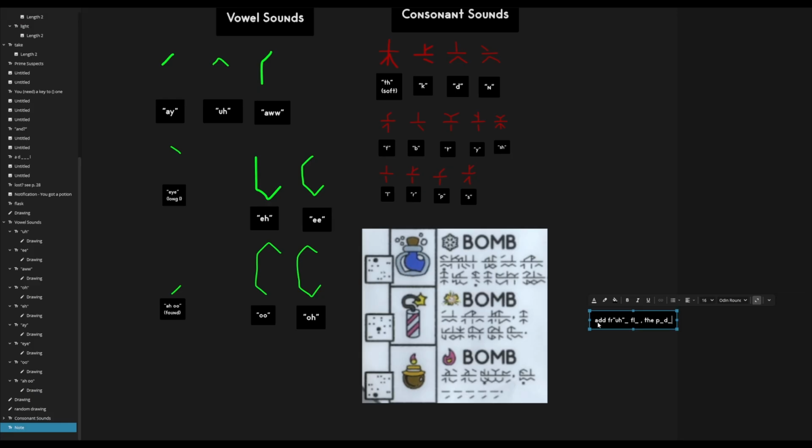I need more vowel sounds. Alright, anyway, keep going. The pedo. No. Maybe it's like a CH sound? That makes no sense. None of this is making any sense.